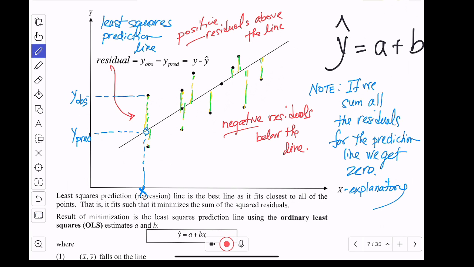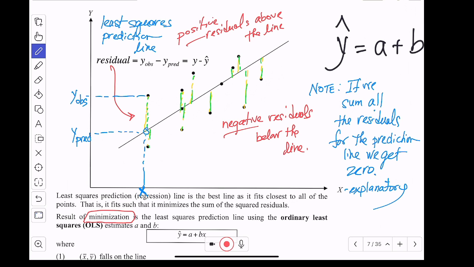Any of you who took calculus, great, you can appreciate its significance in optimization problems. What you're trying to do is find the best, and the best is the one that minimizes the squared residuals.